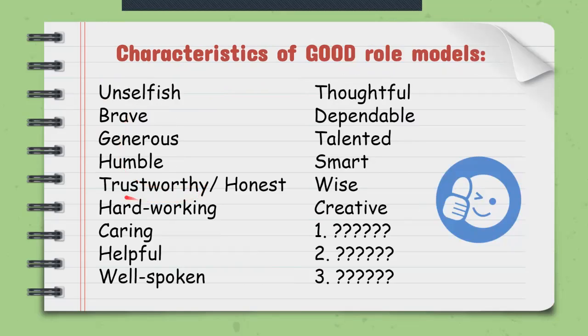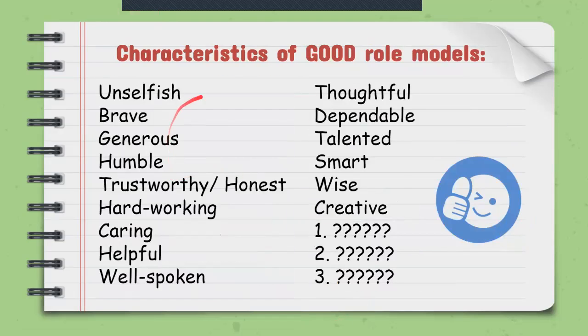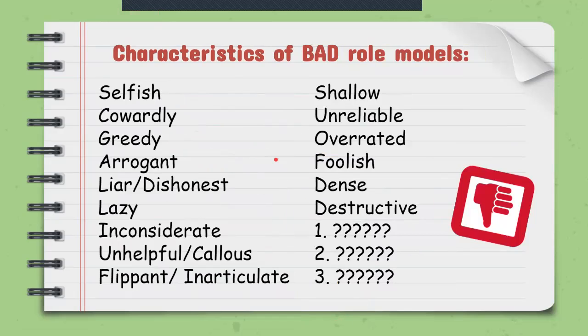Maybe a good role model is trustworthy and honest. So a bad role model would be dishonest and a liar. Do you see how they are opposites? So if some of these words you don't know that well, you can compare them to each other. Okay, now let's talk about the characteristics of bad role models.